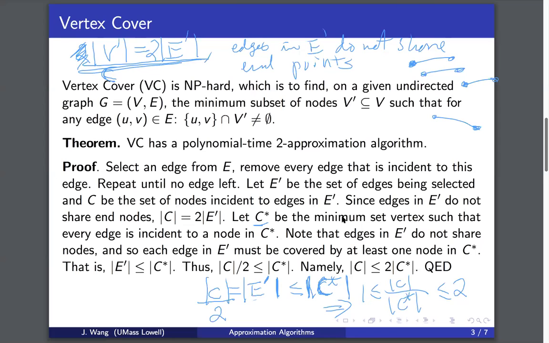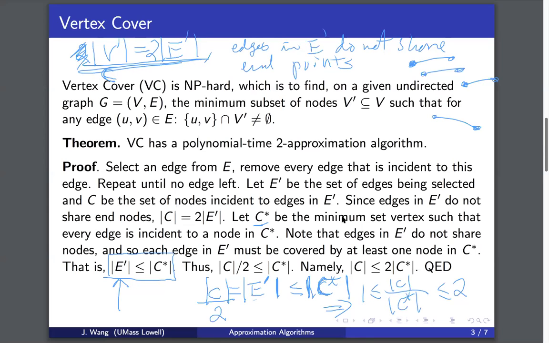So then because they are edges, they are covered by the optimal solution. Okay, so that is this. So that's how we did this. And then our approximation algorithm comes from this, the set of edges we selected. So that's how we make this connection, even though we don't know what C star is.